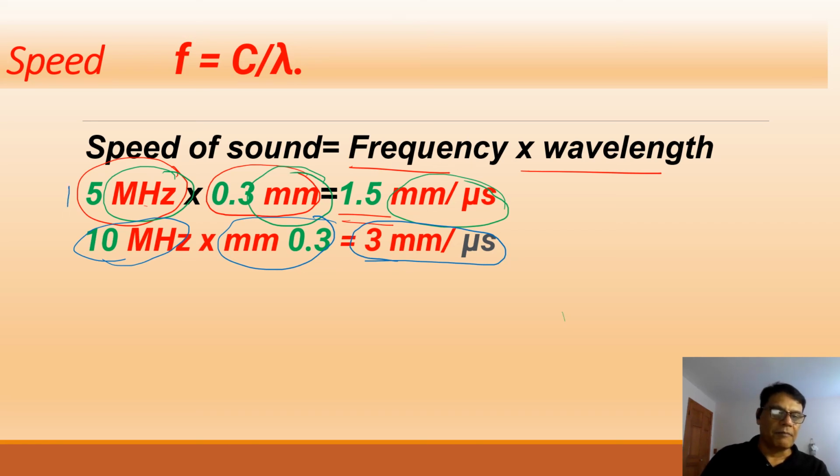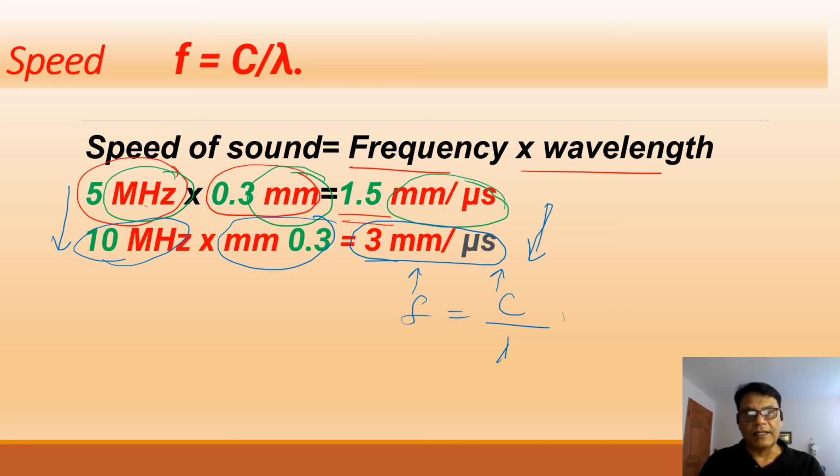It means by increasing frequency, speed is also increased. And according to the formula, you recall C over wavelength, that when frequency increases, speed also increases.